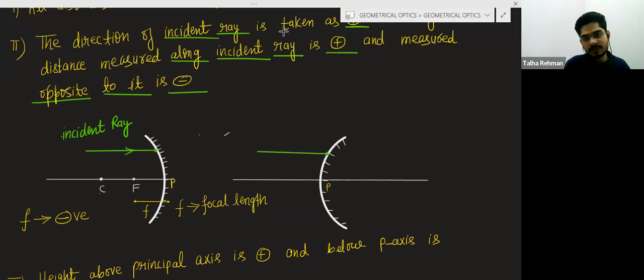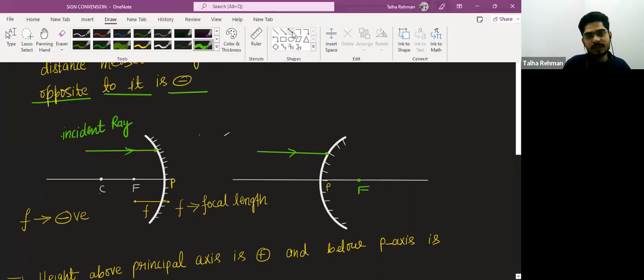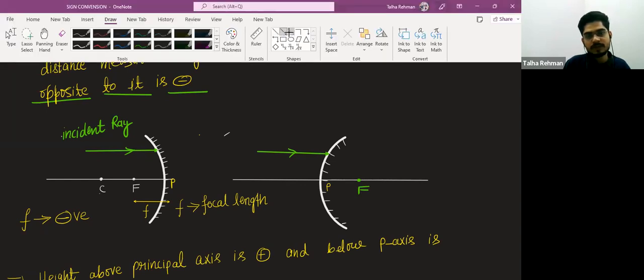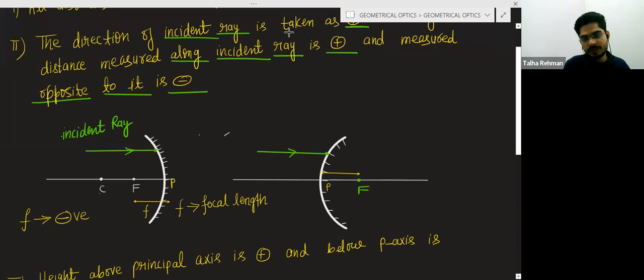In the case of the convex lens, suppose this is the incident ray and this is the focus, and you are measuring this distance from the pole to the focus. Suppose this is the focal length f.